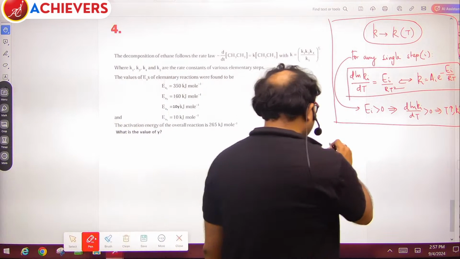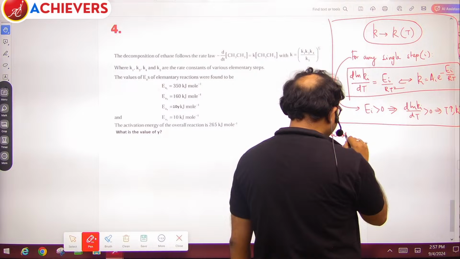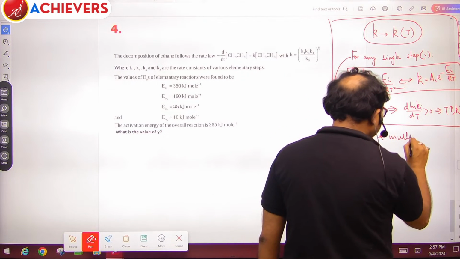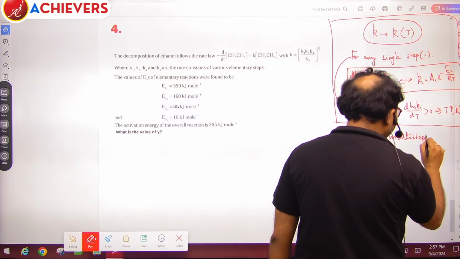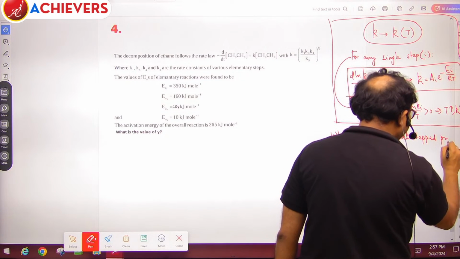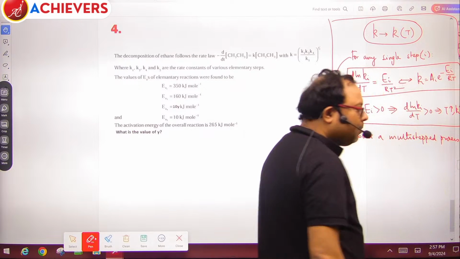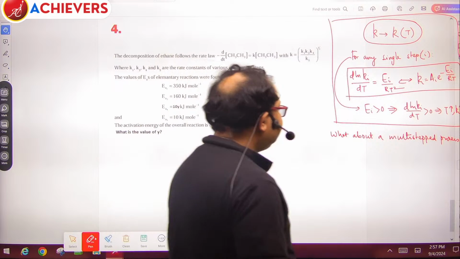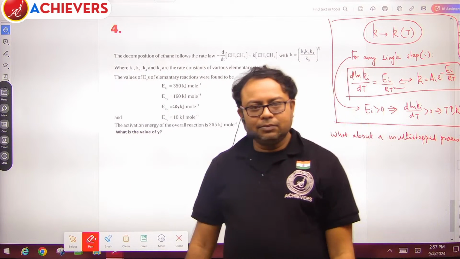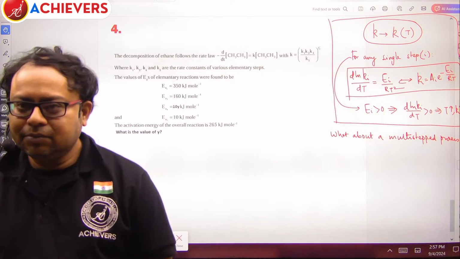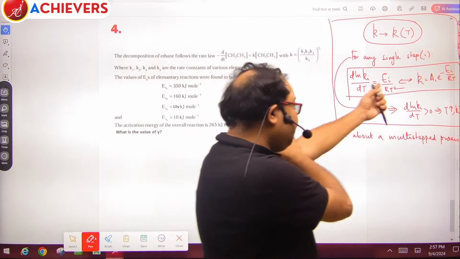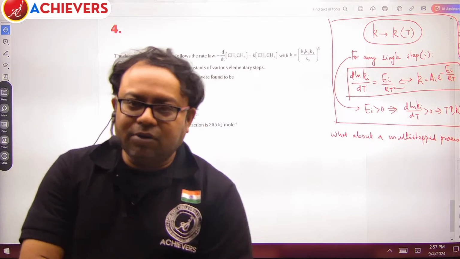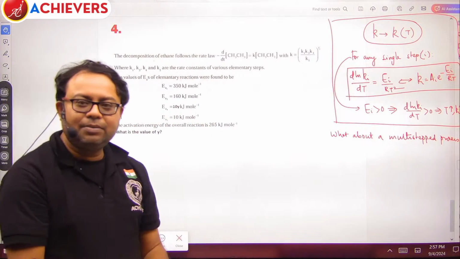Now what about a multi-step process? Is this equation also applicable for a multi-step process?